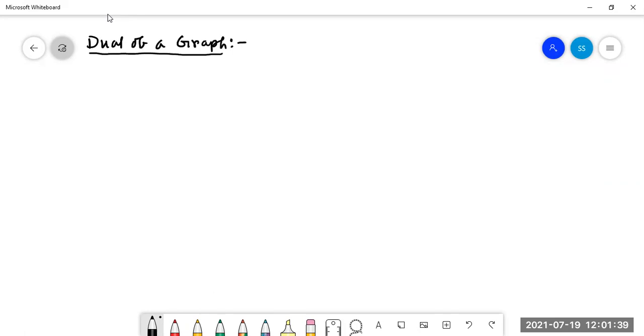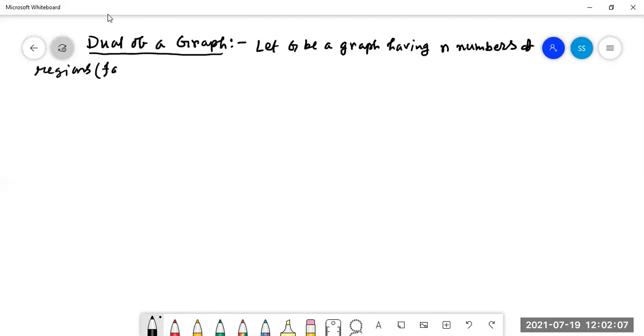Now there is a definition. Let G be a graph having n number of regions. Regions means actually faces. F1, F2 dot dot Fn.